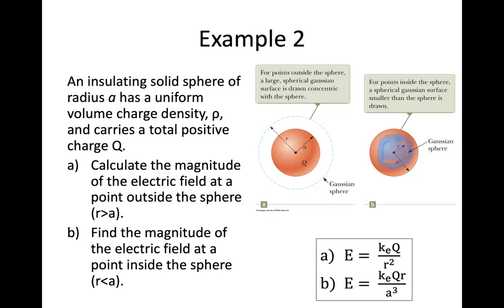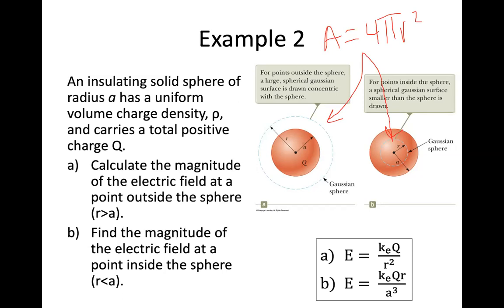There's some charge out here that is outside of our Gaussian, so we've got to somehow figure out what that charge inside is. Has the shape of our Gaussian sphere changed? No, it's still a Gaussian sphere, so A is still going to be 4 pi r squared. That holds here, and that holds here. Just the value of r has changed.